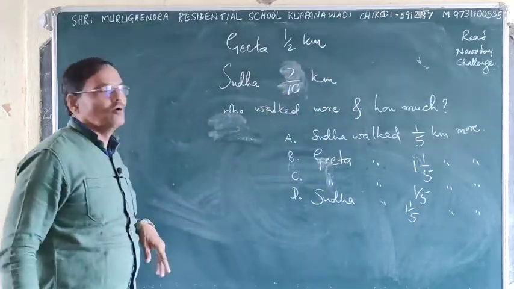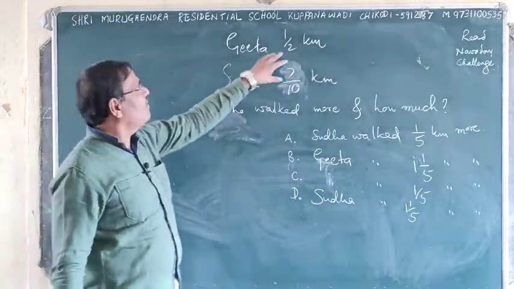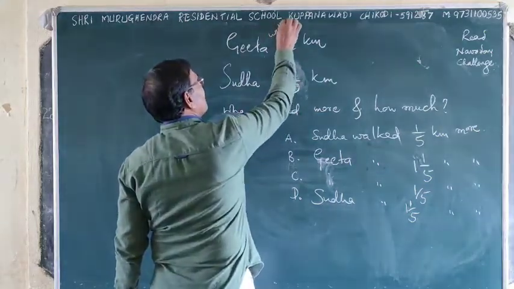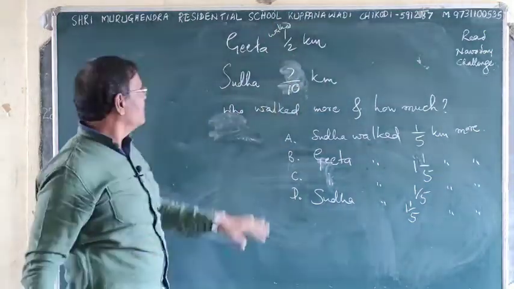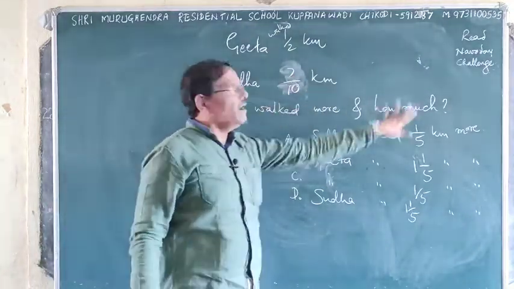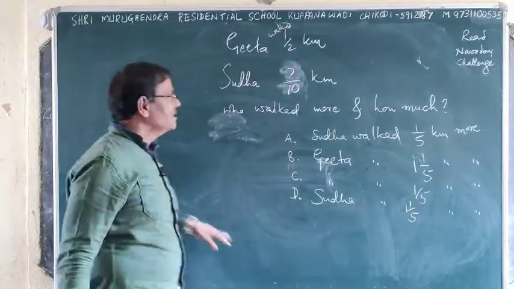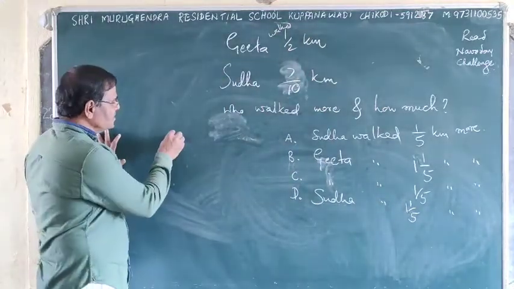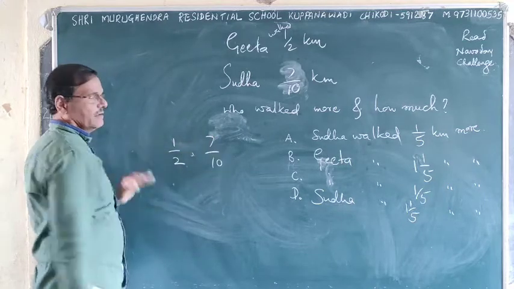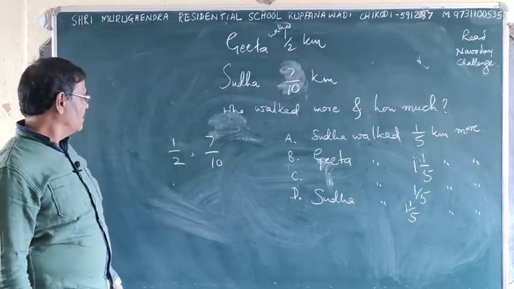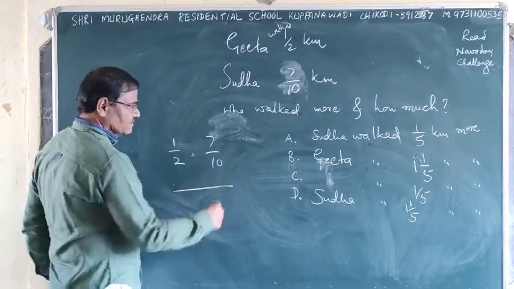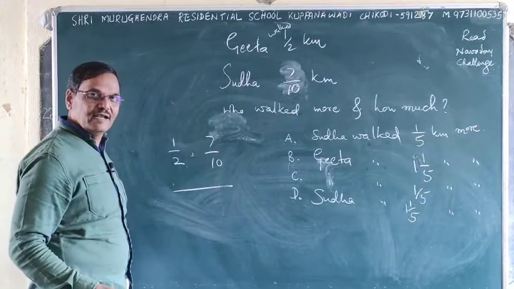See how we have to finish this. Geeta walked half kilometer, and Sudha walked 7/10 kilometer. And who walked more and how much? It is asked. See, which among these is bigger? Check. Without making LCM, we can't take a decision.